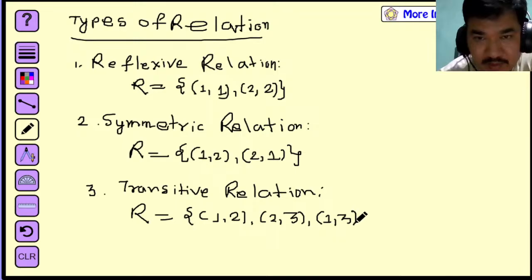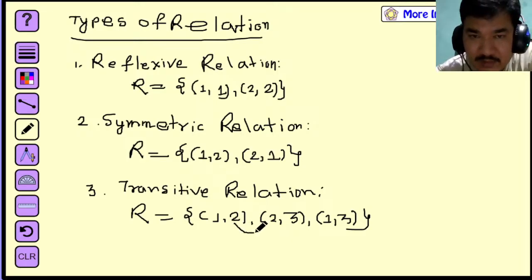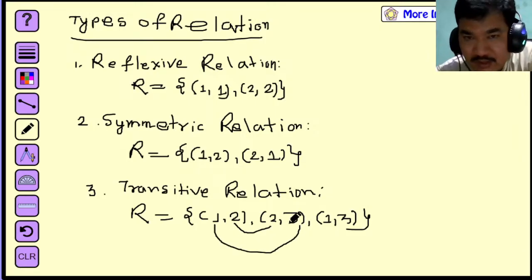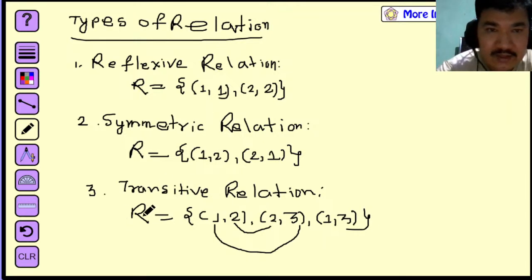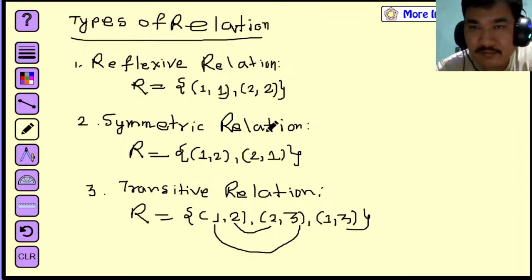This set of ordered pairs is known as transitive relation. First (1, 2), then the ending 2 matches the starting 2, and then the next pair is formed by the first component of the first pair and the second component of the second pair, that's (1, 3). This type of relation is known as transitive relation.